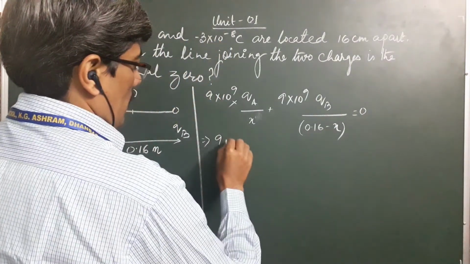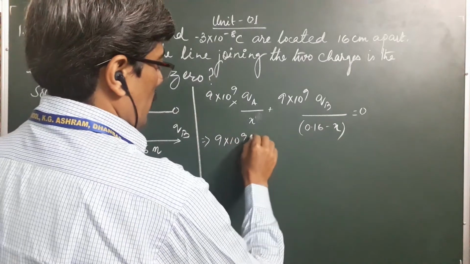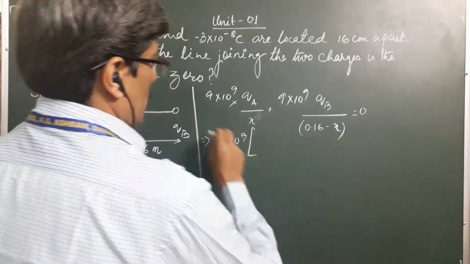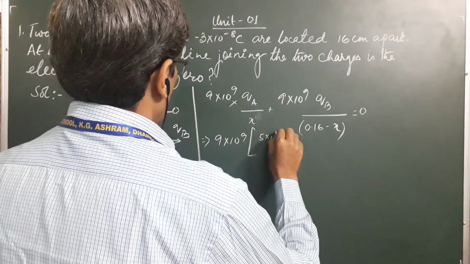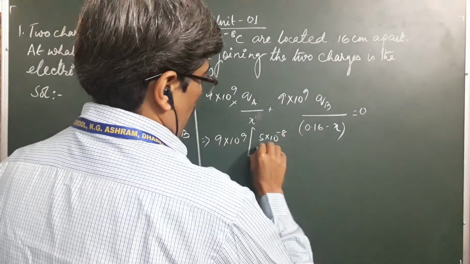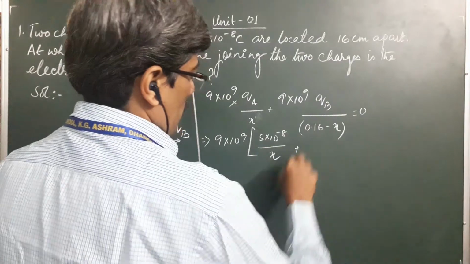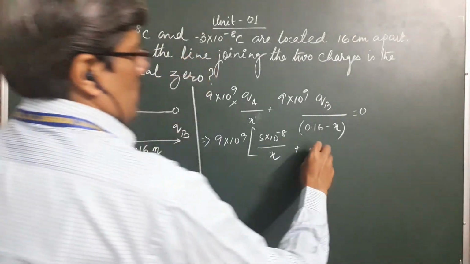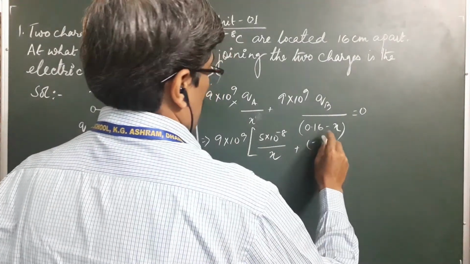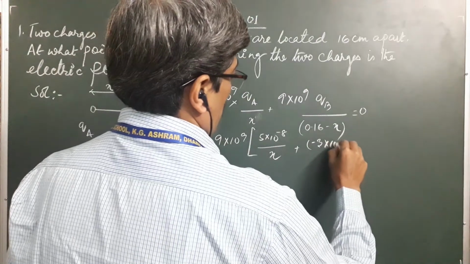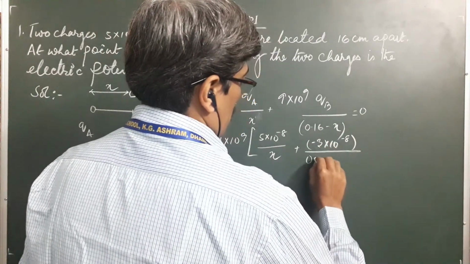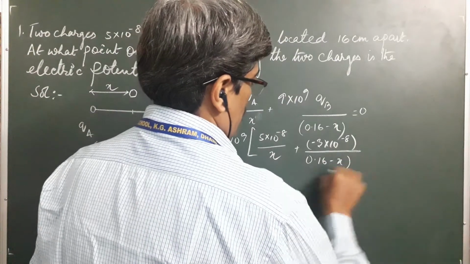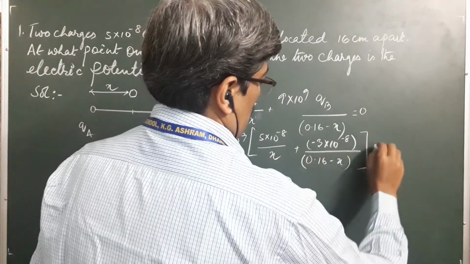Solving it, 9 × 10^9 common. The value of QA is 5 × 10^-8 coulomb divided by x, plus this one is -3 × 10^-8 divided by (0.16 - x), that is equal to 0.